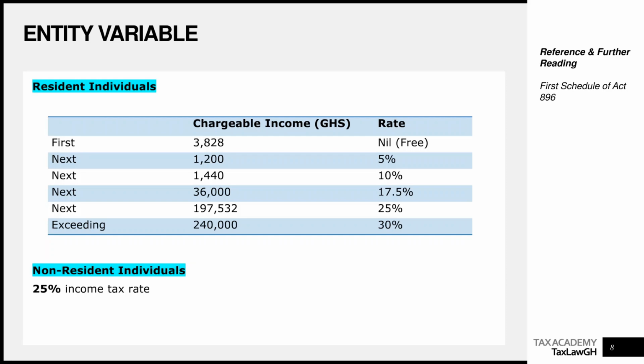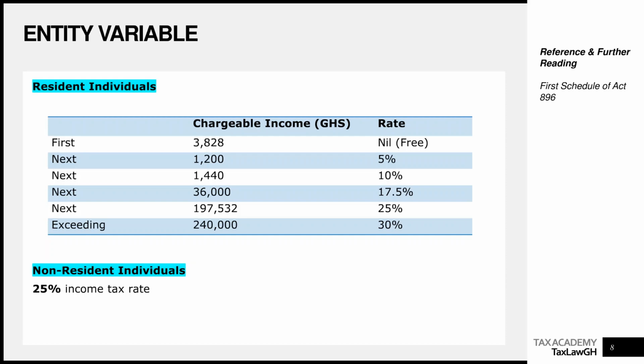So the resident individual will pay lower taxes as compared to the non-resident person. A resident person earning 5,000 cedis roughly will pay a lower rate, roughly 5%, 10%-ish, and then the non-resident will pay 25%. So you can see for a lower amount of income, a non-resident individual will pay more tax as compared to a resident individual. Let's flip the switch a little bit.